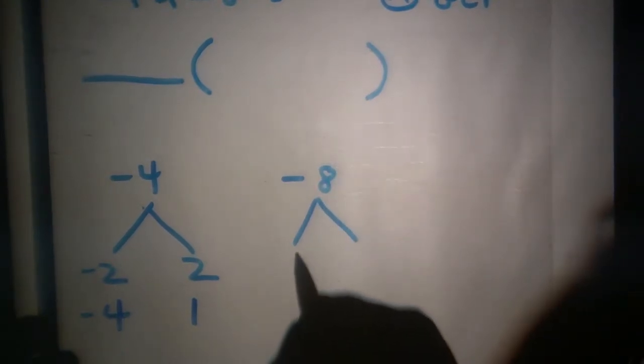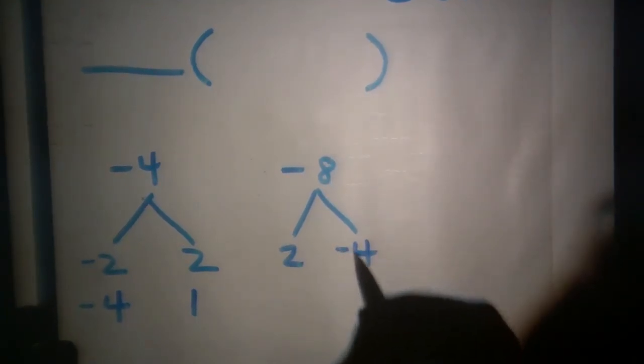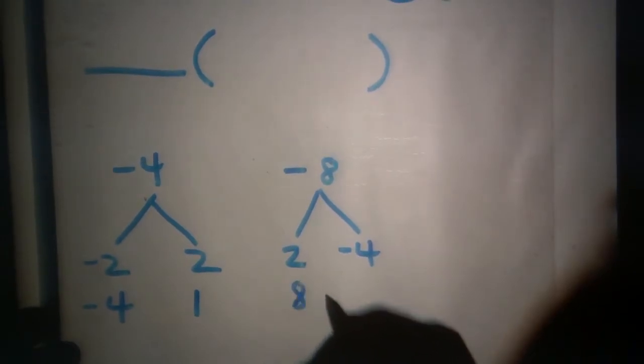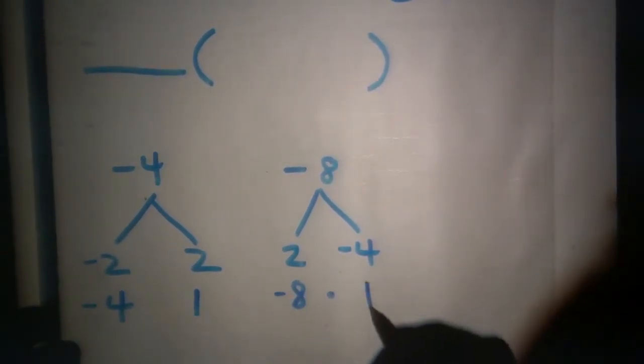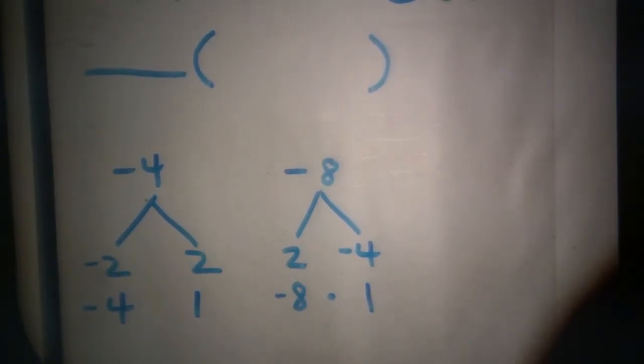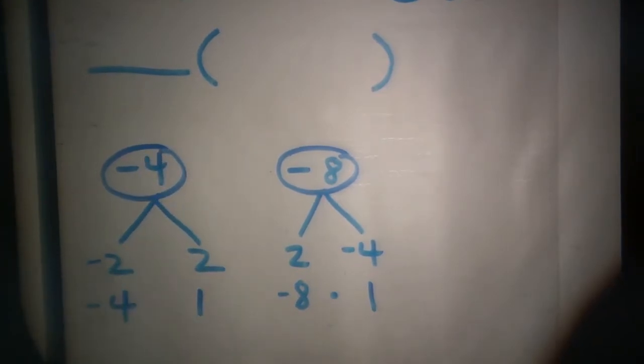What about negative 8? We could say 2 times a negative 4. We could switch our negatives around. 8 times 1. Whichever term we put the negative on when we're doing this, we still need to know that we're ending up with a negative 8 or a negative 4.